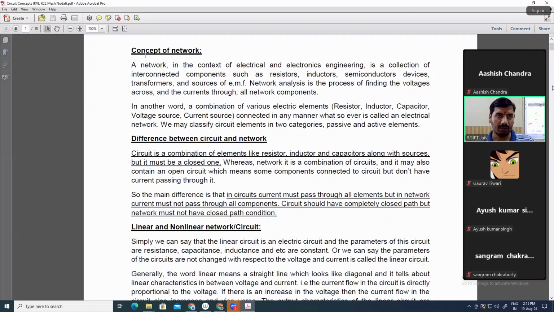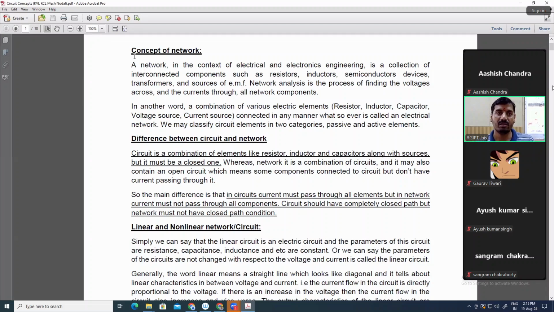I will also share this content with you, where all the basic definitions are given. These are very basic fundamentals for every student, whether from any branch.